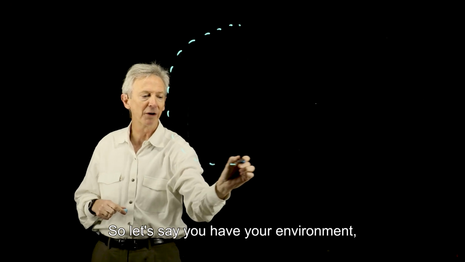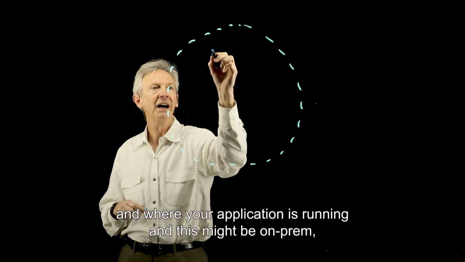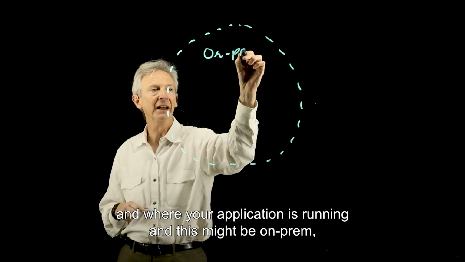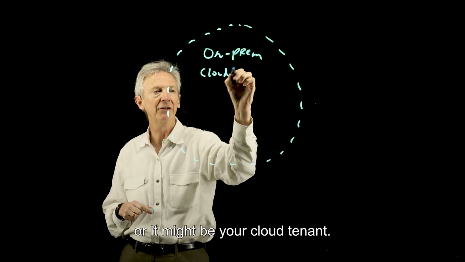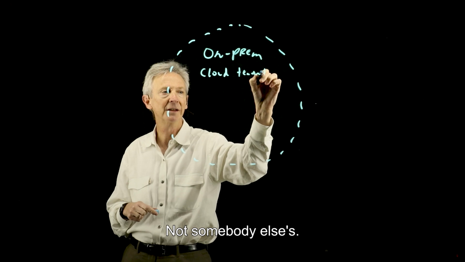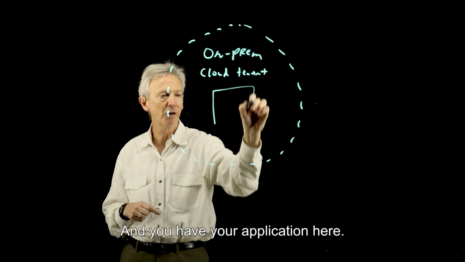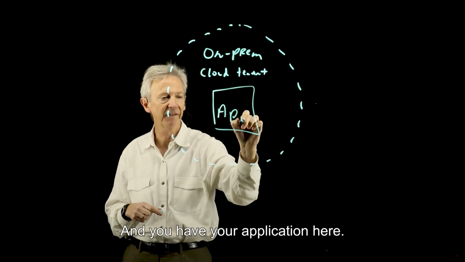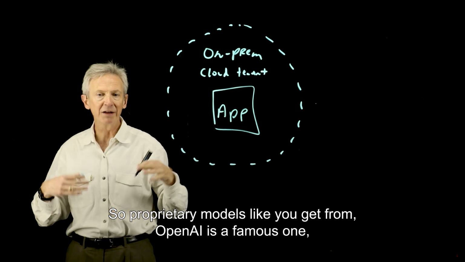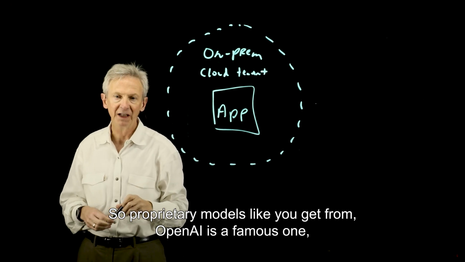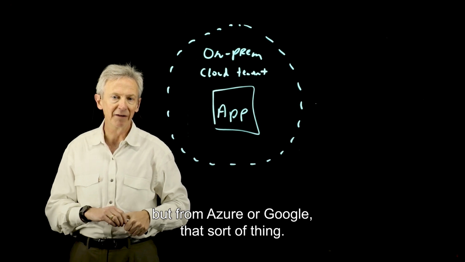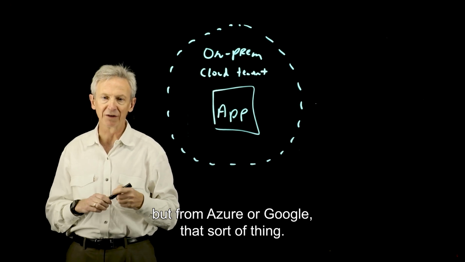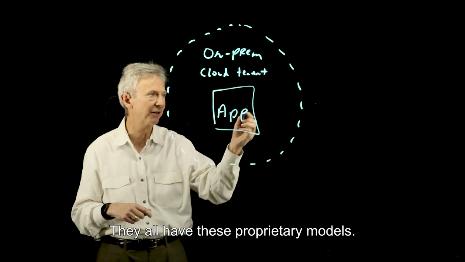So let's say you have your environment and where your application is running. And this might be on-prem or it might be your cloud tenant, not somebody else's. And you have your application here. So proprietary models, like you get from OpenAI, is a famous one, but from Azure, Google, that sort of thing, they all have these proprietary models.